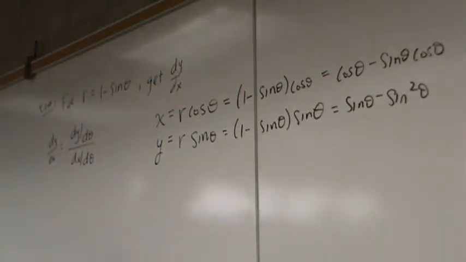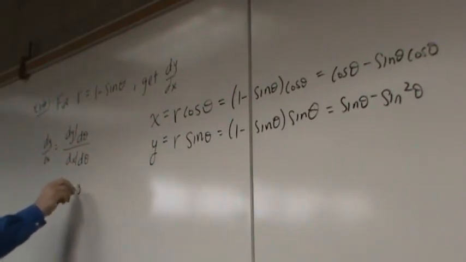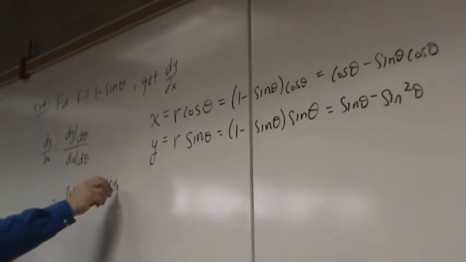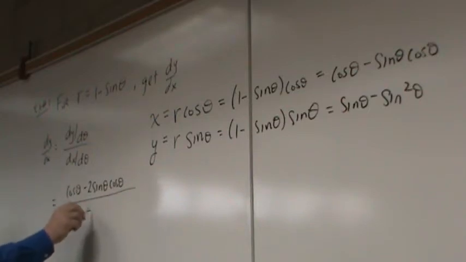Okay? So now that I have expressions for x and y, I can go ahead and get the derivatives of them. The derivative of y with respect to theta is going to be cosine theta minus 2 sine theta cosine theta. That's what's going to go in the numerator. In the denominator, I'm going to have negative sine theta and then minus.